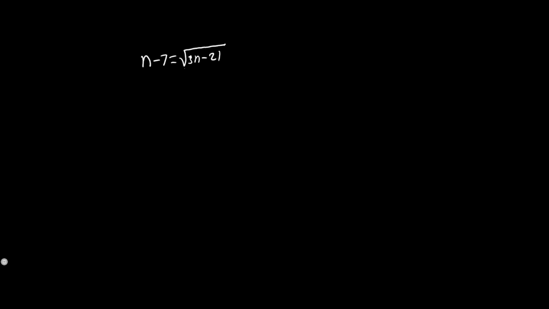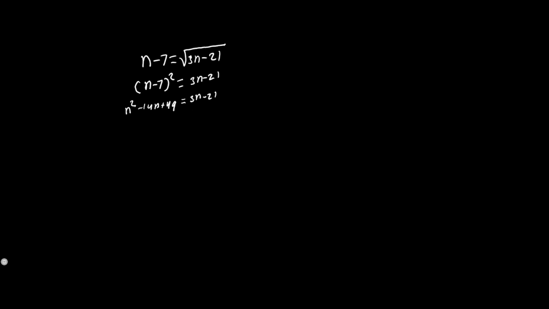So of course we're going to square both sides, giving us (n − 7)² is equal to 3n − 21. Expanding the (n − 7)², we end up getting n² − 14n + 49, which is equal to 3n − 21.